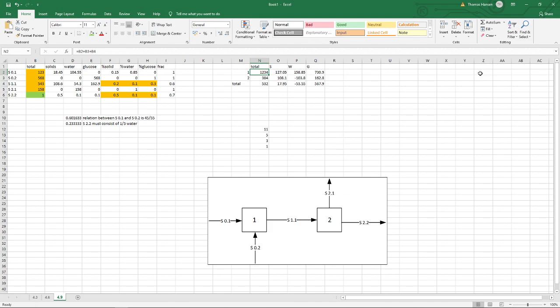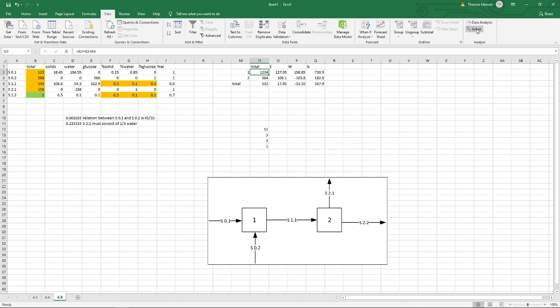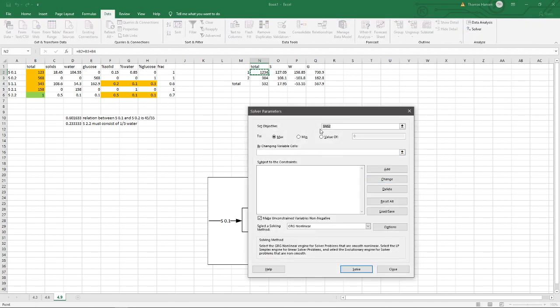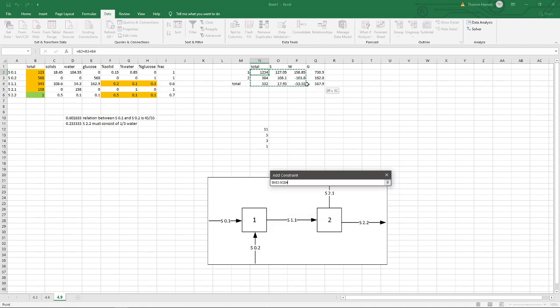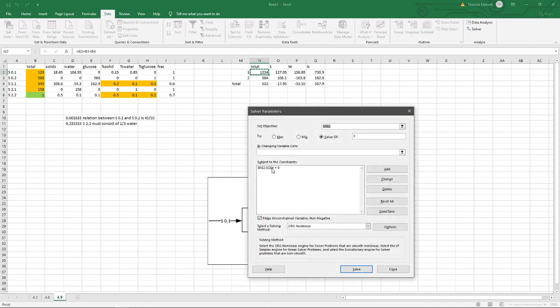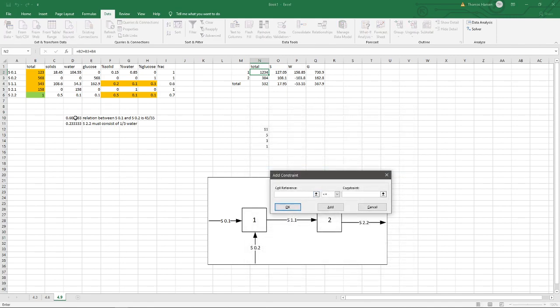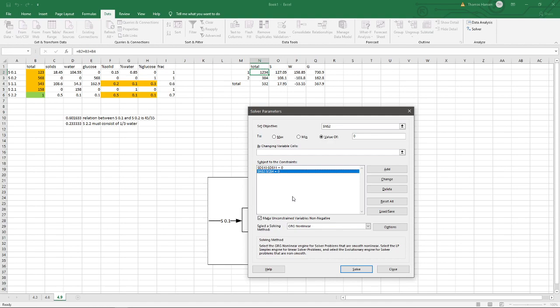So now I want to set up my solver. N2, does that check out? N2, we want it to be equal to 0. We'll try and say we want all of our mass balances to be 0. Have that there. And then I can say these two conditions I also want to be 0.